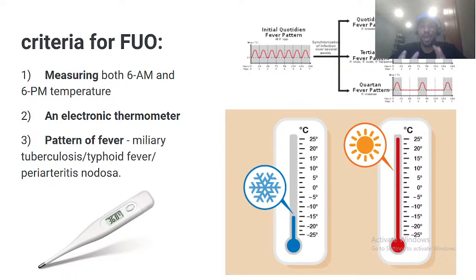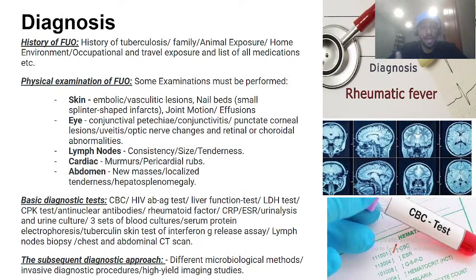And also we have to indicate the specific pattern of fever, because every disease has a specific type of fever. So for example, miliary tuberculosis type of fever differentiates of course from typhoid fever or polyarteritis nodosa. So the diagnosis of the fever of unknown origin.